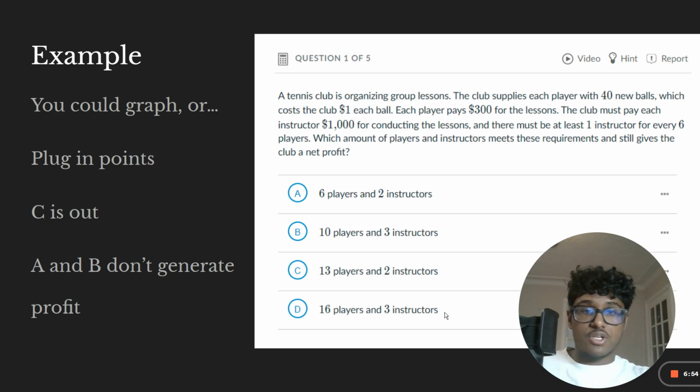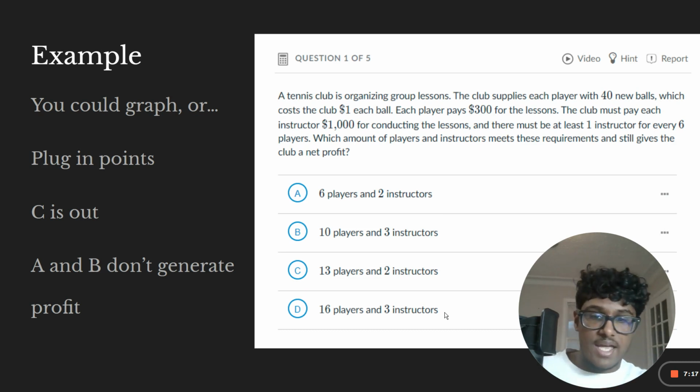So I get 300 times the number of players has to be greater than, because we need to turn a profit, $1,000 times the number of instructors plus 40 for new balls, so $40 times the number of players, right?